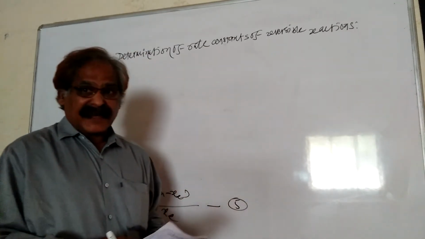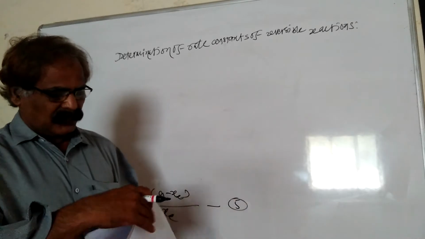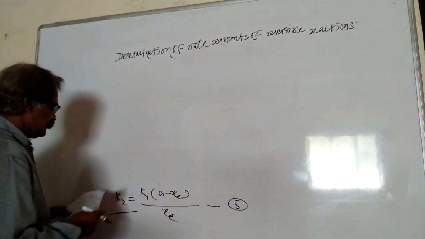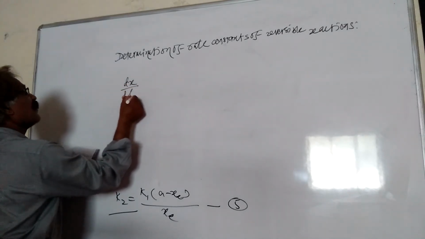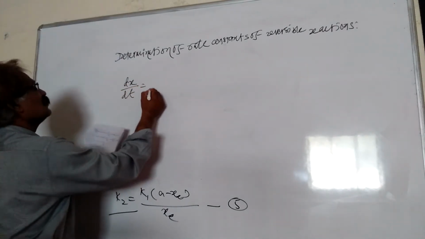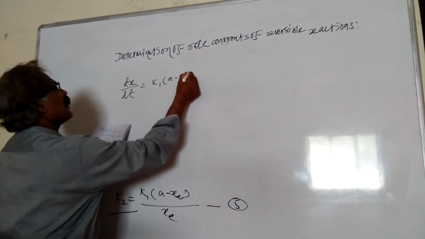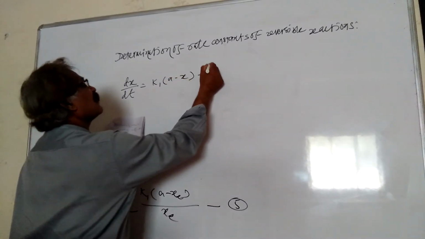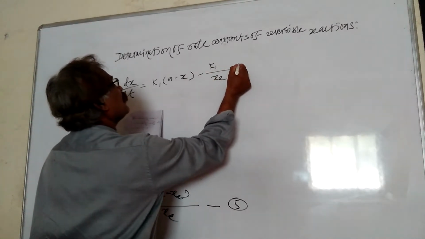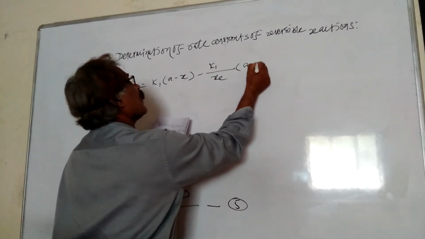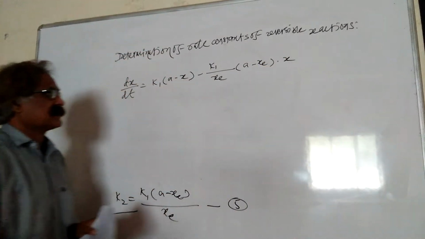Substituting the value of K2 from equation number 5 in equation number 4, we get dx upon dt is equal to K1 into (a minus x) minus K1 upon xe into (a minus xe) into x.